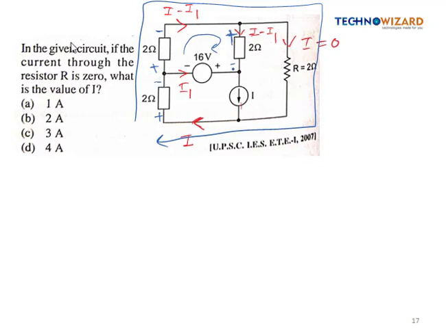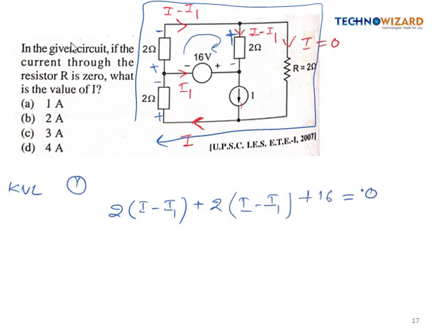Now first of all I will write the KVL equation in this loop, right? So applying the KVL in the first loop, I'm starting from here, so this is 2 ohm resistance, and current flowing is I minus I1. So this is I minus I1. Now this again plus sign is coming, so plus 2 into current is I minus I1, and now plus 16 is equal to 0.